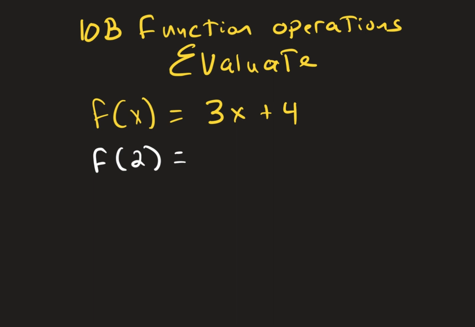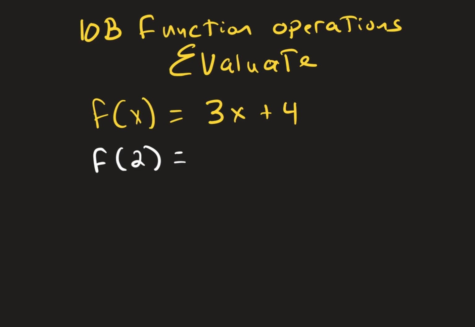If I asked you to find f of 1, you would replace it with a 1. If I ask you to find f of smiley face, you replace the x with a smiley face. Whatever is inside this parentheses is what you substitute in for your x value, or whatever variable it tells you that you're working with.